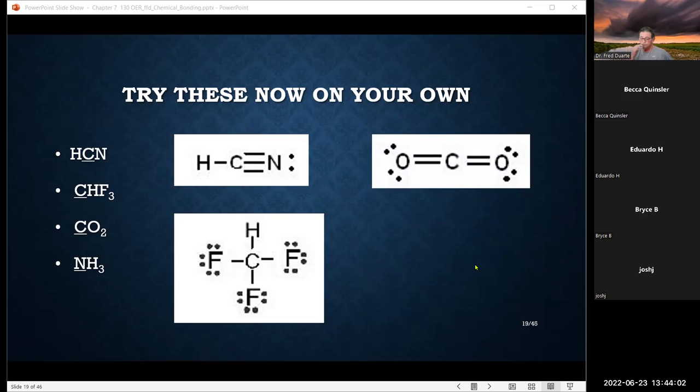Now, we're going to learn about polarity, and that is when we have unequal sharing of a bond. And we have that here with the carbon dioxide we just did. Each bond is shared, it's a covalent bond, but there's an unequal sharing that creates what we call a polar bond. And the same is true for the HCN and the fluorinated hydrocarbon here also. And that results in giving it some specific property.